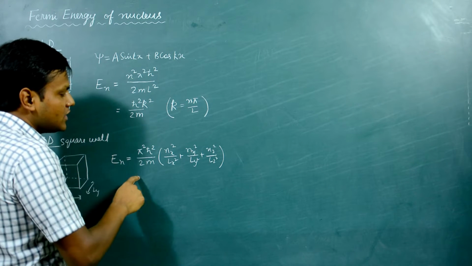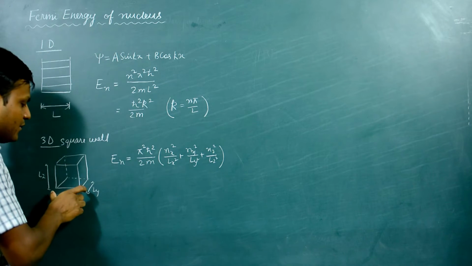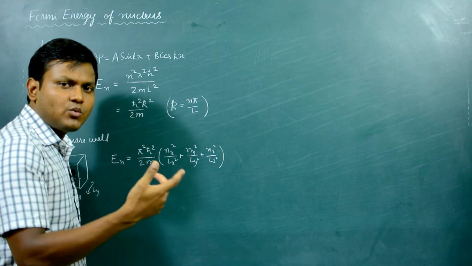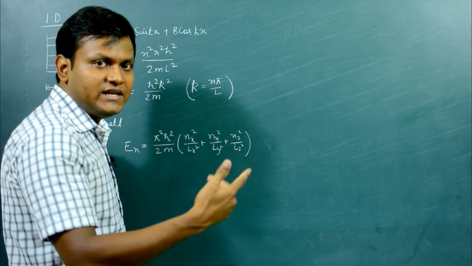In the three-dimensional potential well you have quantum numbers nx, ny and nz, associated with the x, y, z directions respectively. So nx, ny and nz can also take integral values.